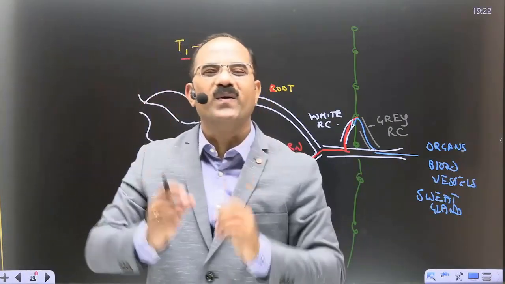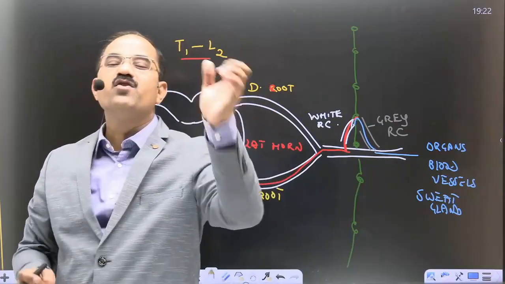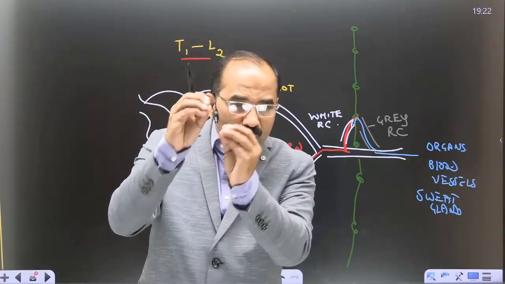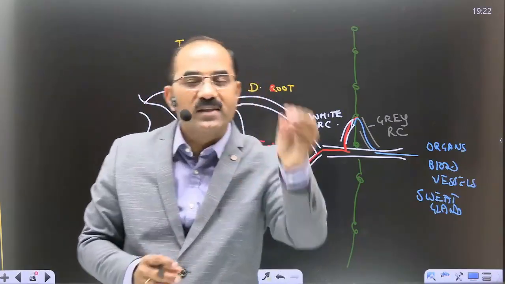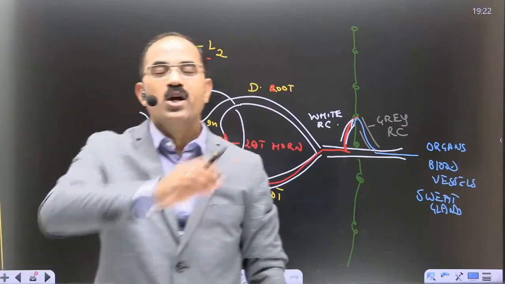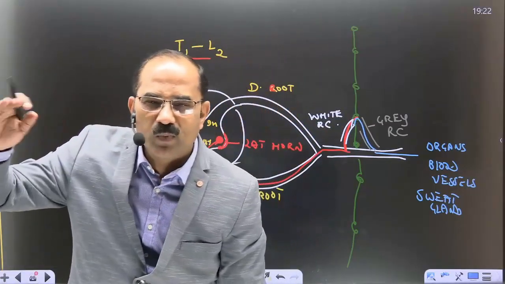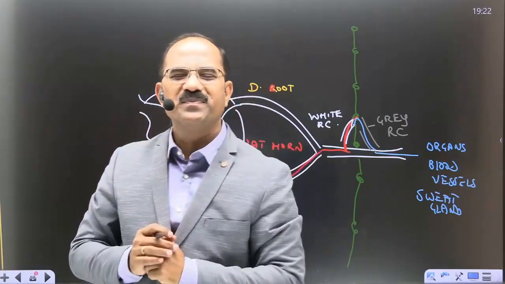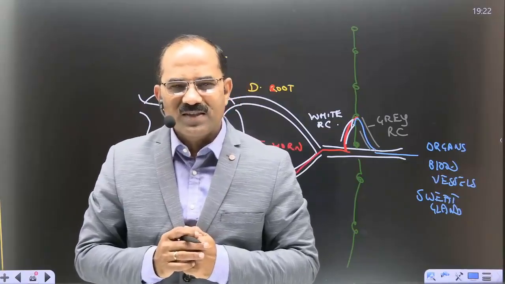Now, where are the ganglions of the parasympathetic nervous system located? They are located very close to the organs, or in the walls of the organs. So the preganglionic fiber becomes very long and the postganglionic fiber becomes very short. Are you able to follow this?